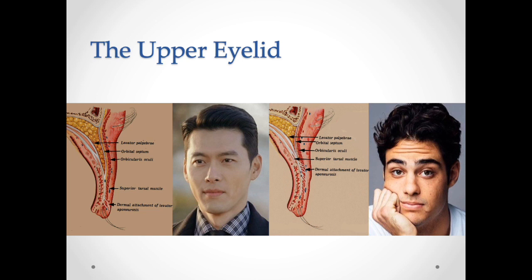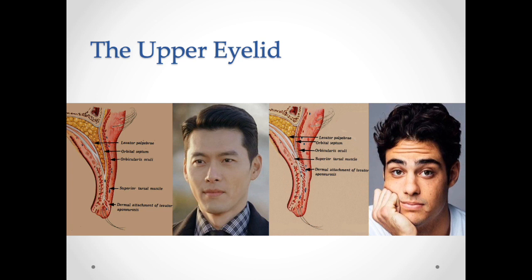You will always have the skin, then the orbicularis muscle, then the orbital septum before you reach the preaponeurotic fat pad, which always lies anterior to the levator aponeurosis and Mueller's muscle, and then the tarsus and the conjunctiva. So they're the same. The preaponeurotic fat pad will always be your landmark, as it lies anterior to the levator aponeurosis.